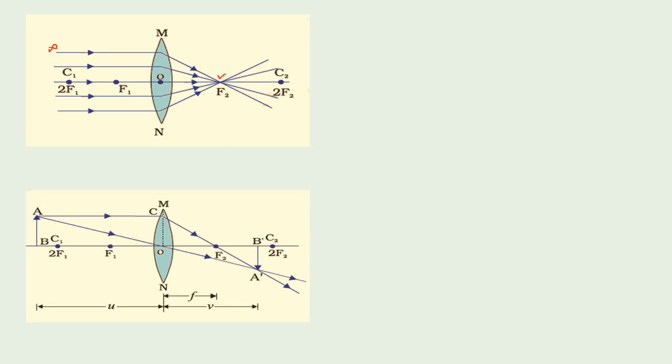When the object is beyond 2f, the ray which is parallel will pass through the focus, ray which is passing through the optical center of the lens will go straight without deviation and they will intersect at point B dash, so image will be formed at B dash. A dash B dash is the image formed by the lens and this image is between f and 2f.